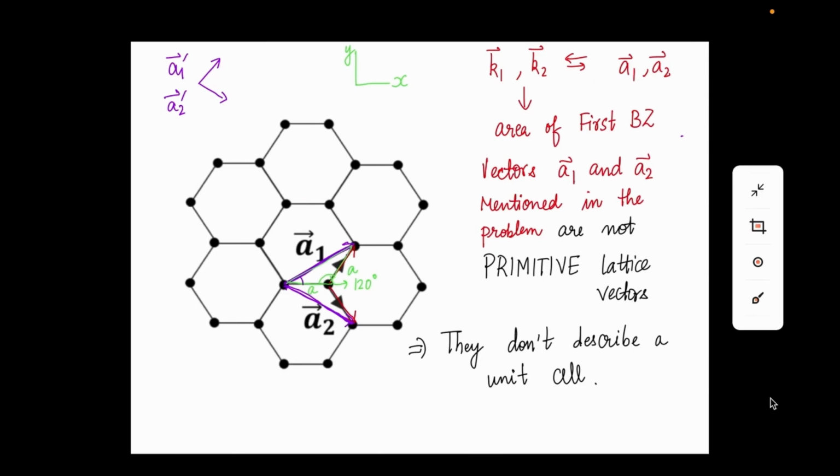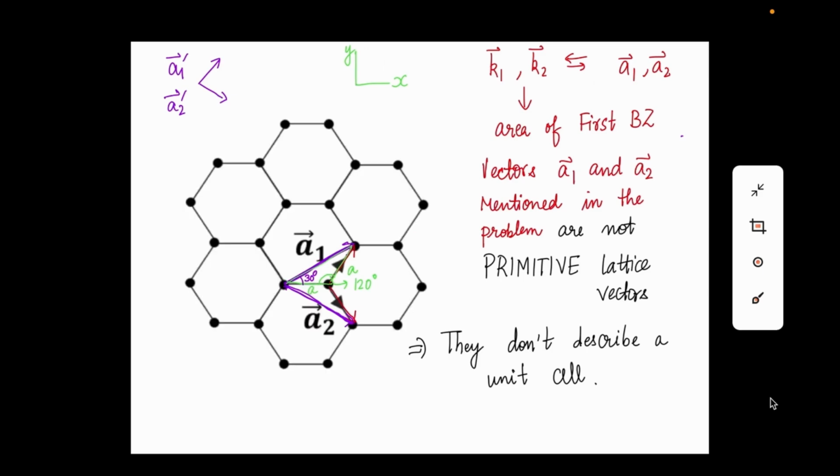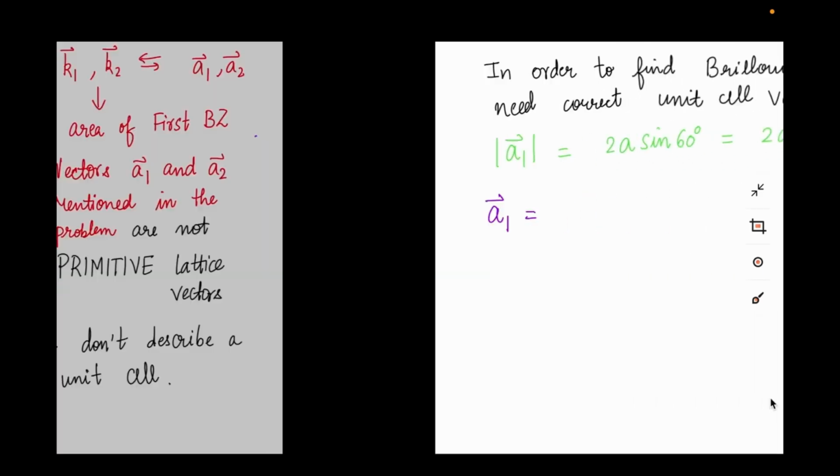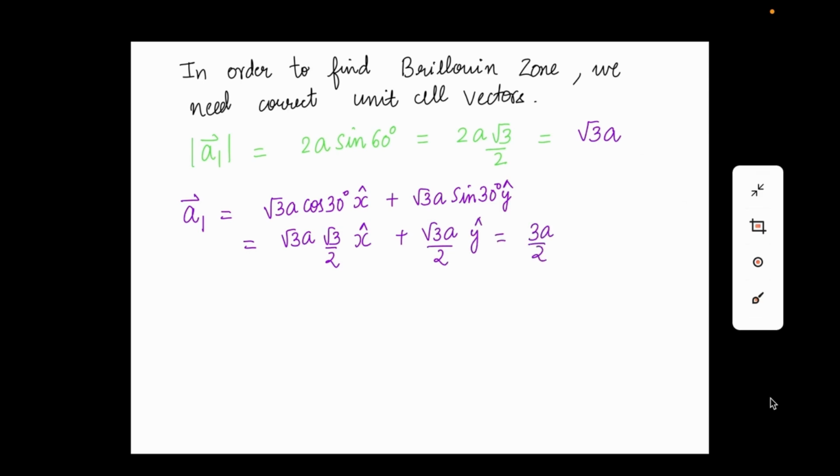So you would take this as 30 degrees, and this would give you root 3 a cos 30 x plus root 3 a sine 30 y, which is root 3 a times root 3 by 2 x plus root 3 a times half y, which is 3a by 2 x plus root 3 a by 2 y.